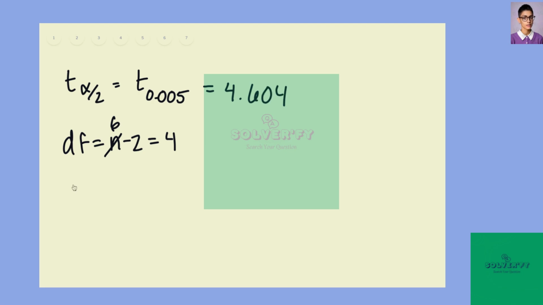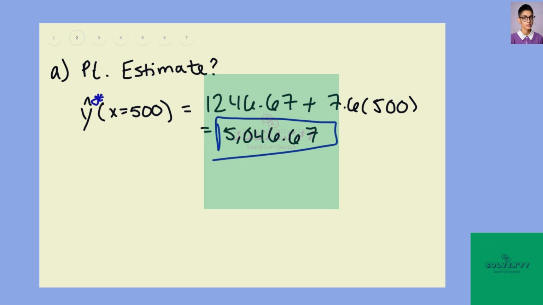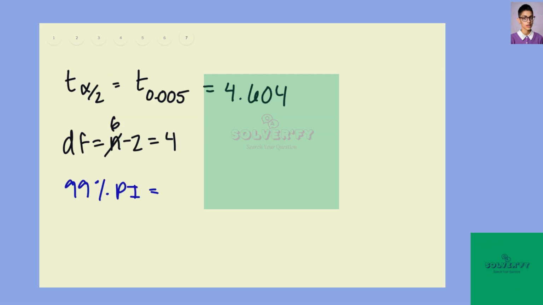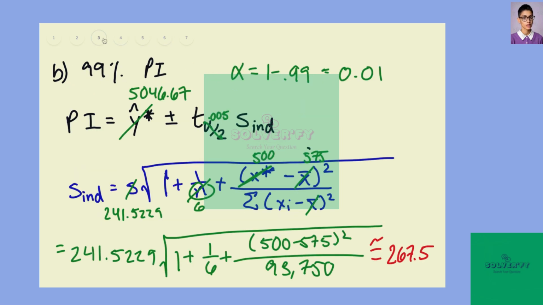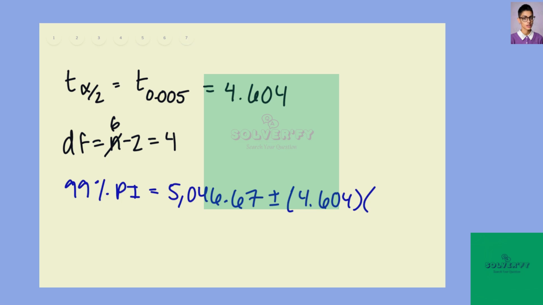So now we can find a 99% prediction interval, which is equal to our point estimate of 5,046.67 plus or minus 4.604 times the standard deviation of the individual data point, 267.5.